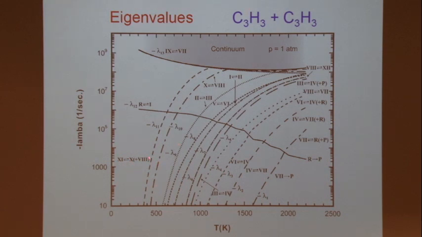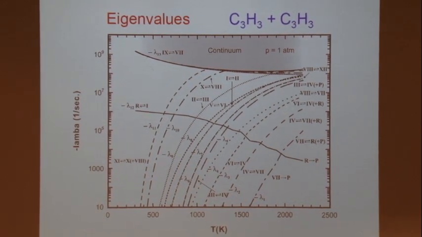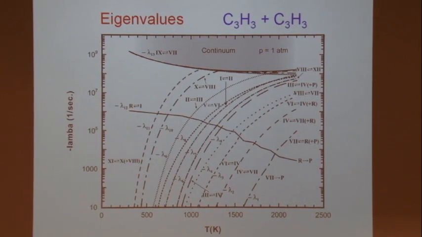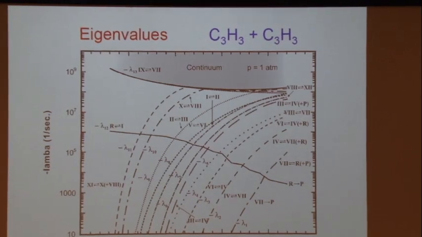You can actually figure out the eigenvalues correspond to certain exact chemical processes and work out the rate coefficients for those time constants. However, as you go to higher temperatures, you get a convergence where all the eigenvalues sort of converge together into a big continuum, a big mess. And you don't know which eigenvectors and eigenvalues correspond to real chemical processes and which correspond to collisional energy transfer. It's all mixed up together.